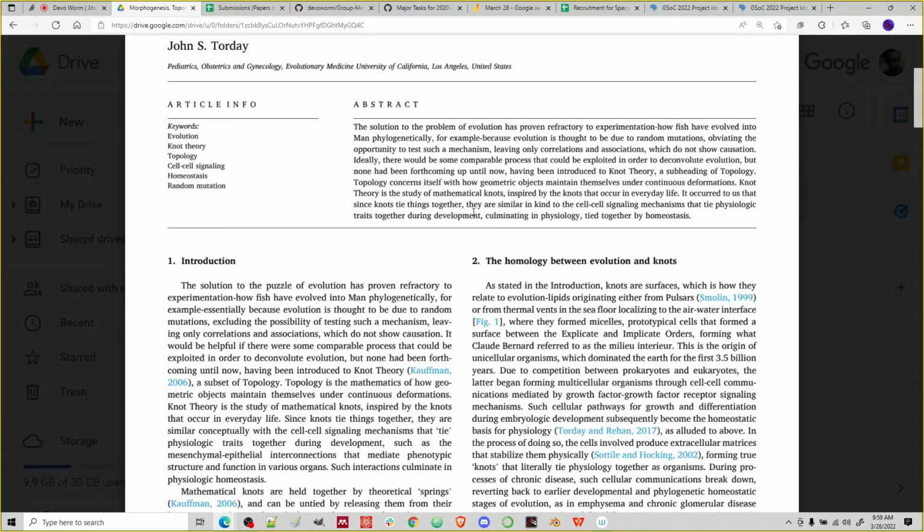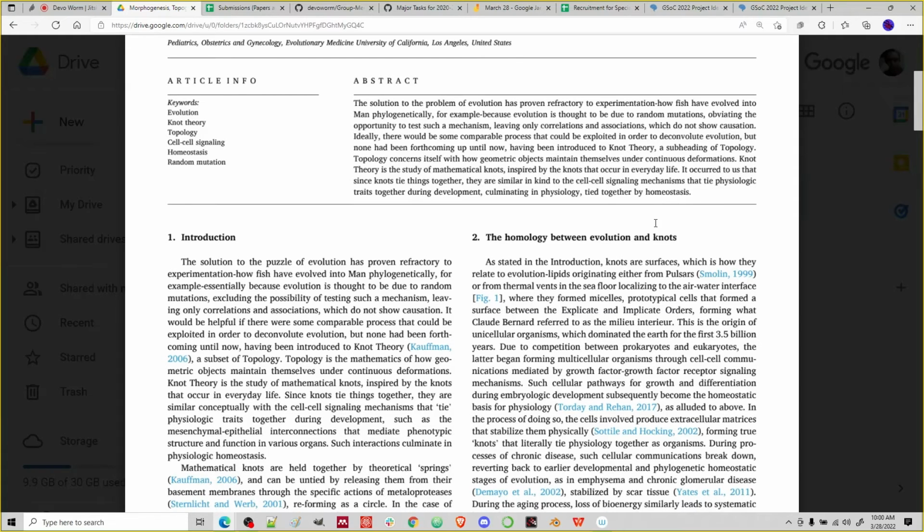But actually, they have to come back together in some way. They have to be physiologically working together, and then they have to exhibit this property of homeostasis, which means that they can maintain stability, which I think is the most challenging thing of all.